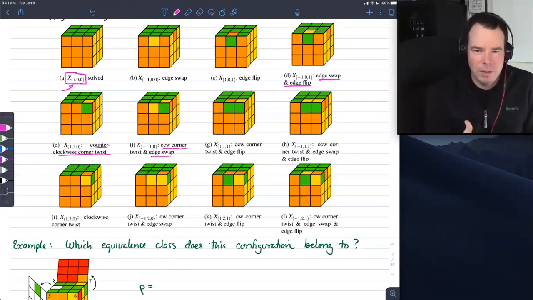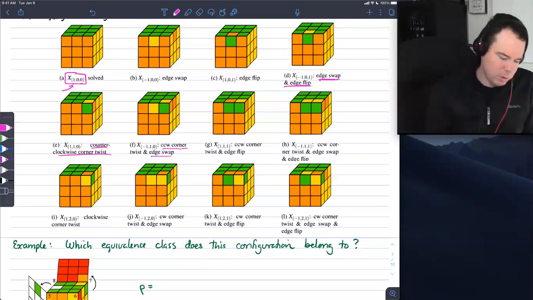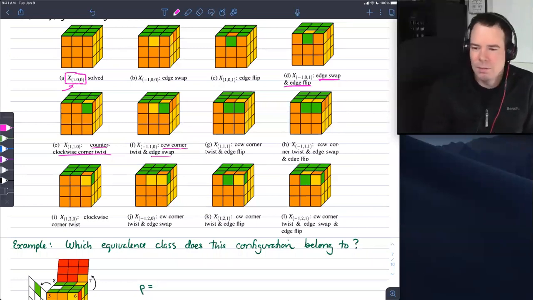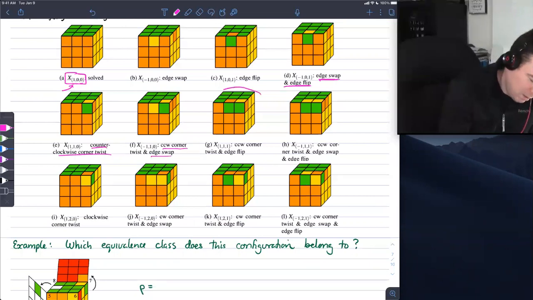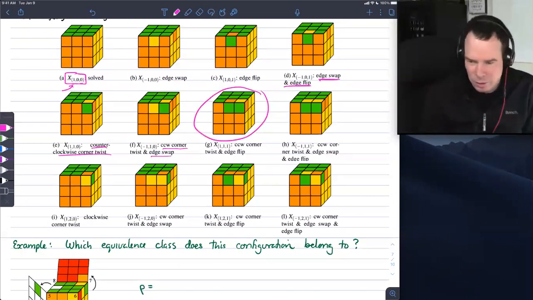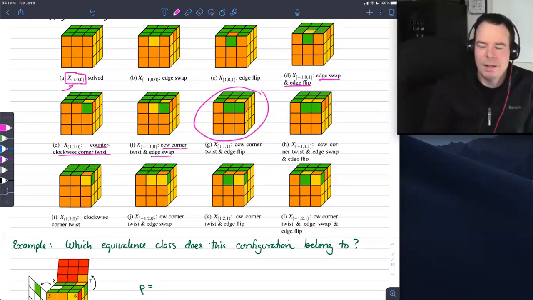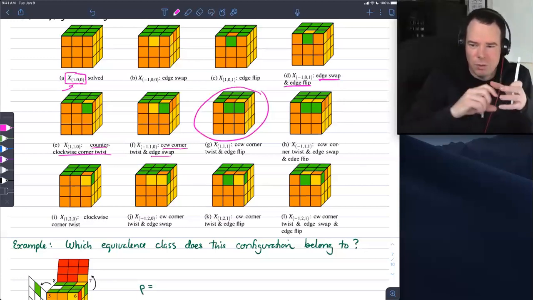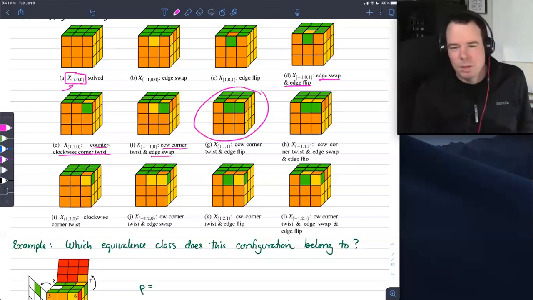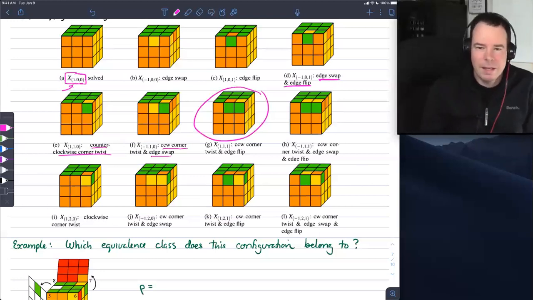What is the sum of the v's? What is the sum of the w's? And whatever you get, you can look up on this chart and say, oh, it's this one because I got 1, 1, 1. Ah, that means to fix it, I will just grab an edge, flip it over, grab a corner, twist it clockwise 1 click, and then I can go ahead and solve the puzzle.